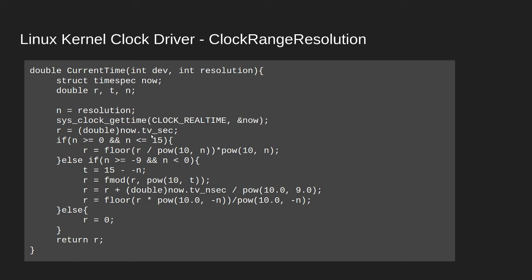So if we wanted a 10-second resolution, this would increase by 10 every 10 seconds. Now, a much more typical situation is to ask for a resolution below 1 second. And here we compute the fractional part of the seconds, the nanosecond part, and put it into a double, so that we get the amount of seconds since our offset point.